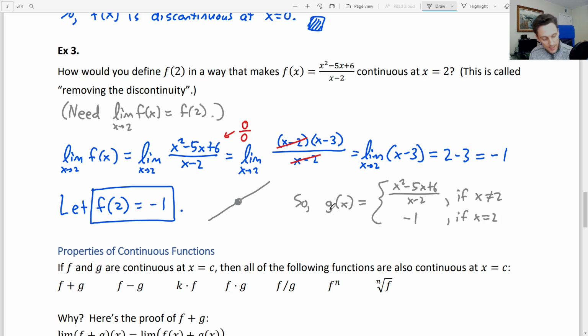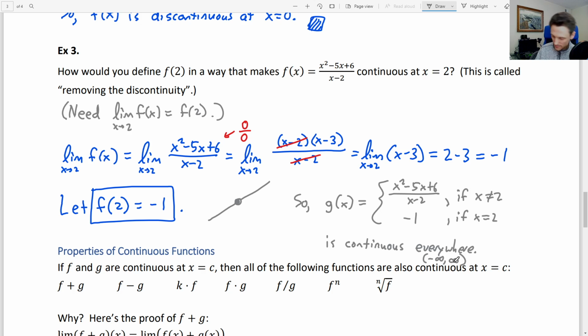So this is a way you could write up the g of x function with the hole filled in. So this new function would be continuous everywhere, where by everywhere we mean negative infinity to infinity.